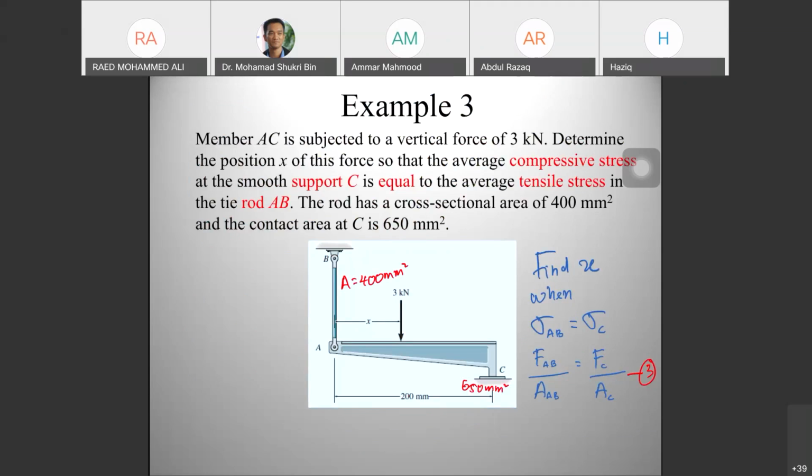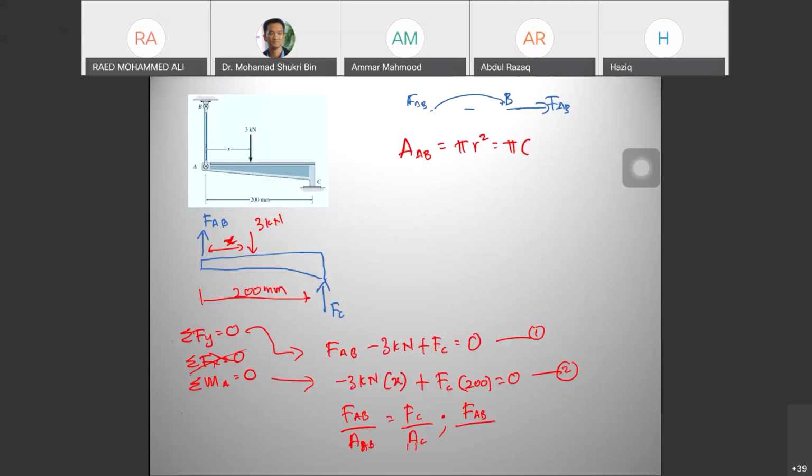Alright, so you can use it directly lah. No need for this one, right? So FAB over area AB, 400 mm squared, is equal to FC over 650 mm squared. So this is equation number 3 lah, right?